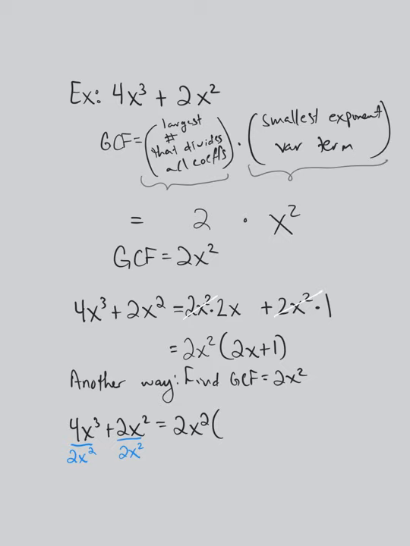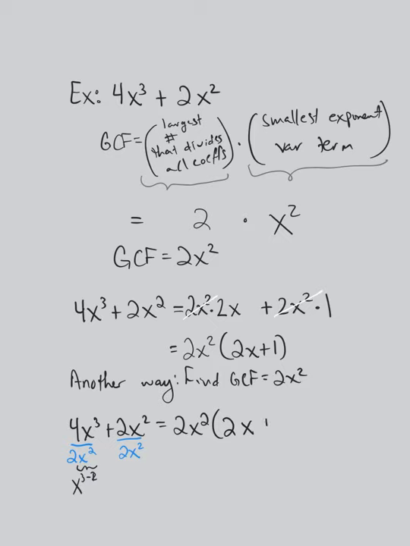In my first one, I divide or reduce the coefficients. So I have 4 divided by 2, which is 2. And then I have x to the third over x squared. Remember, I subtract exponents. So I have x to the 3 minus 2, which is x to the first. But remember, we usually don't write the first power, so we would just write 2x.